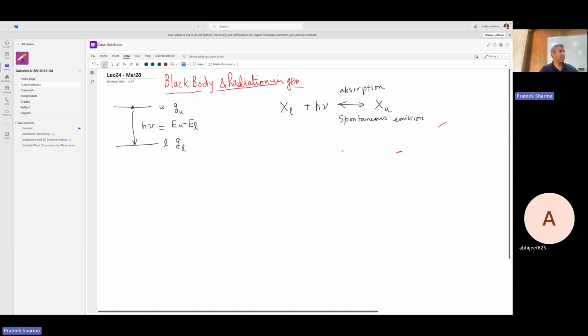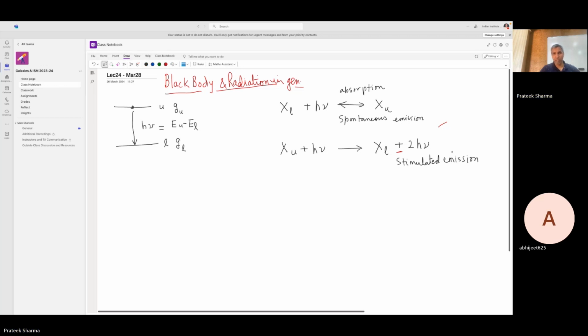What else is there? In addition to these two processes, there's also XU plus h nu giving you XL plus twice h nu. This is stimulated emission, right?